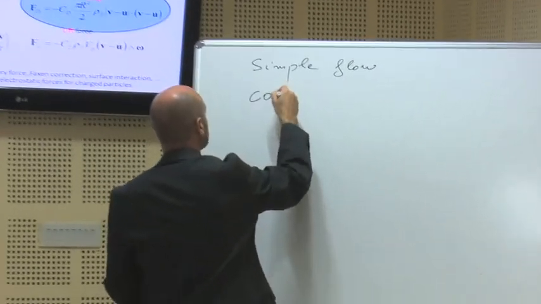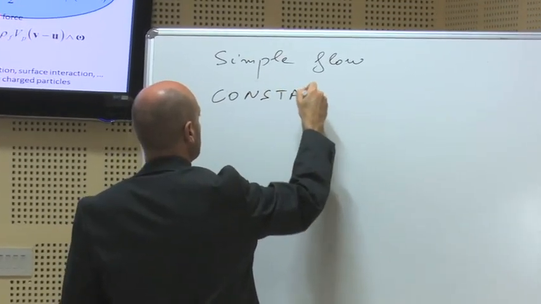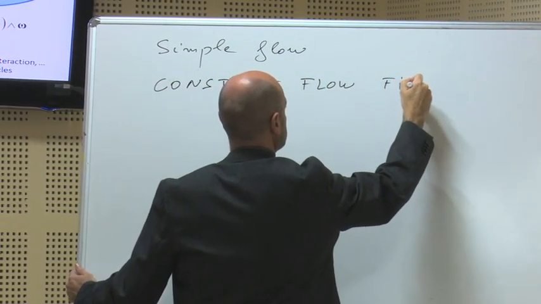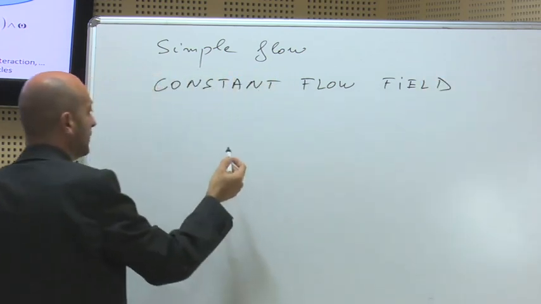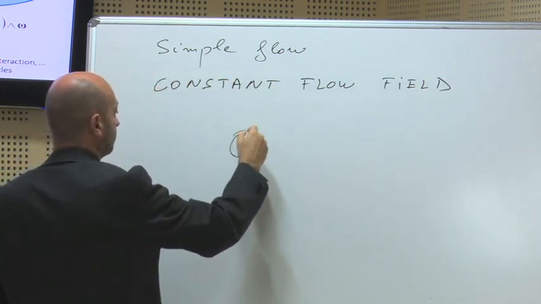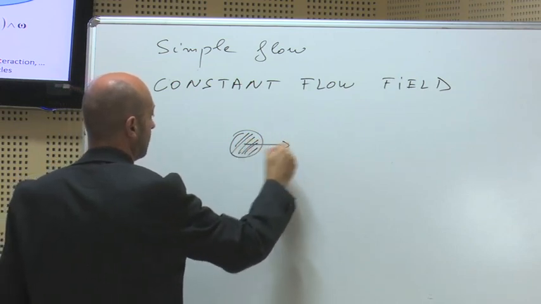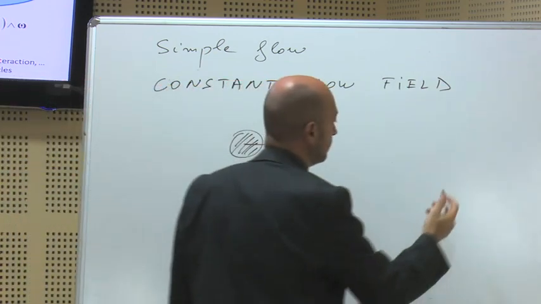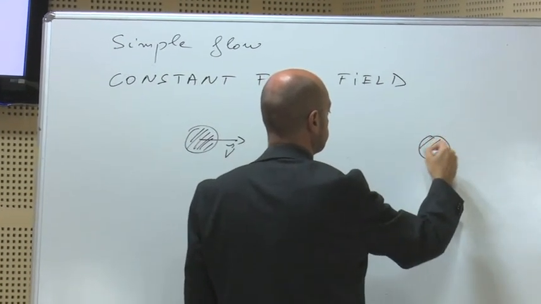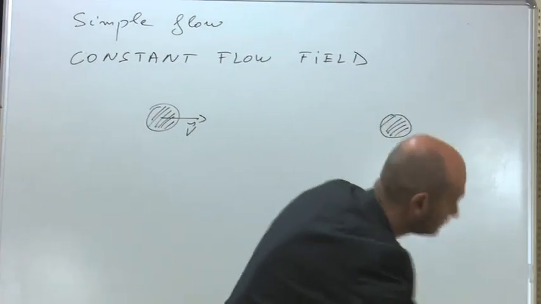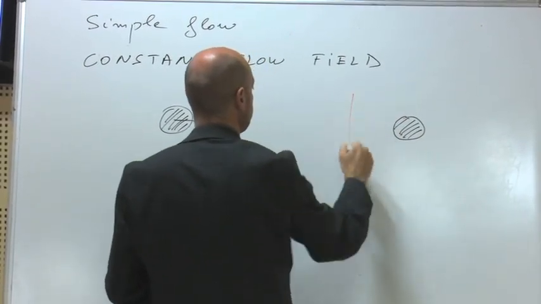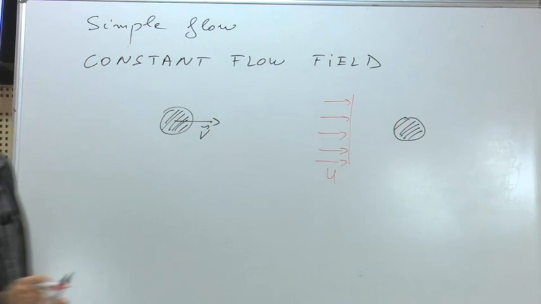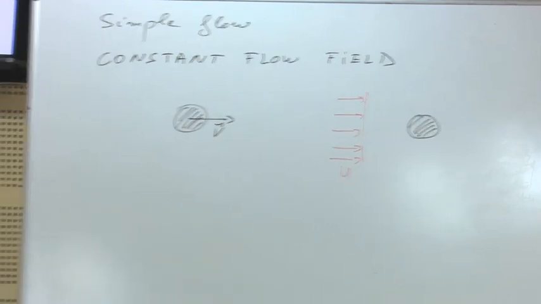So now we have a constant flow. And then we may have two situations. One, with the particle moving at a certain velocity v and the fluid at rest, or the same. The particle is not moving, but we have a constant flow.